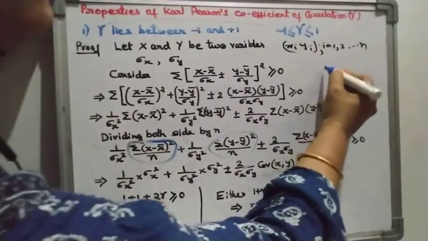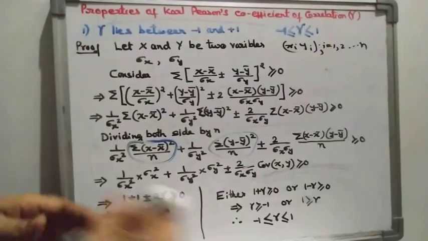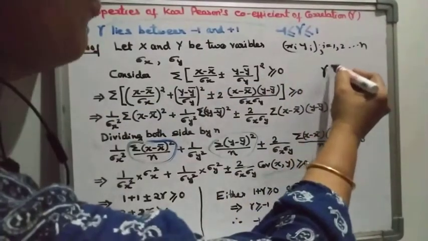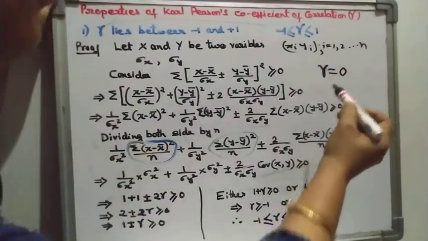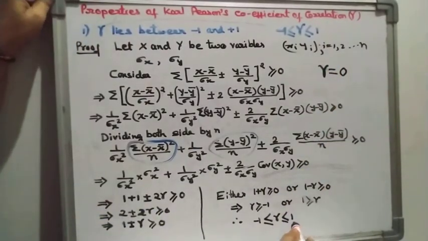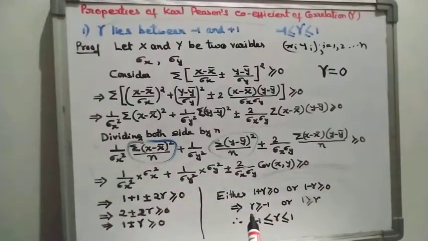But when we get this rho value 0, it means there is no linear relationship. Always remember: if rho is 1, it means perfect positive correlation. If it is minus 1, it means perfect negative correlation. But when rho is 0, it means there is no linear relationship between the two variables, because this formula is based on the assumption that x and y are linearly related.